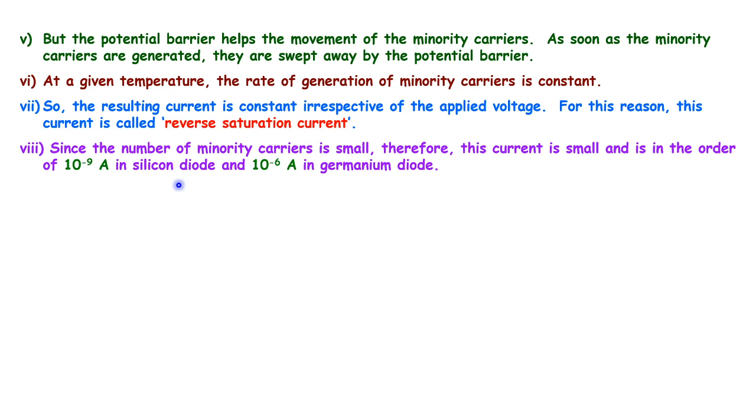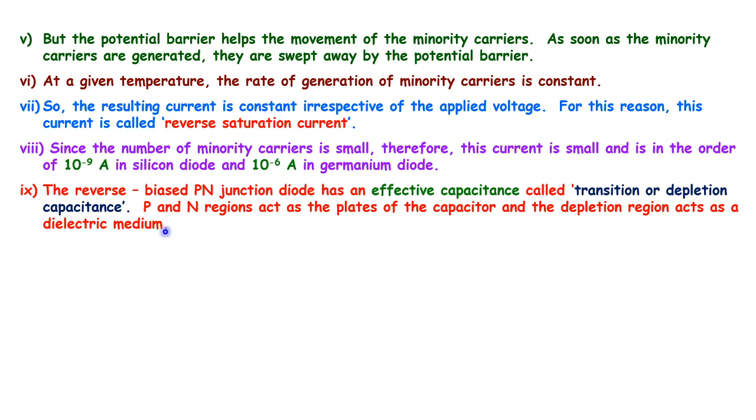Since the number of minority charge carriers is very small, the current is small, on the order of 10 raised to minus 9 for a silicon diode and 10 raised to minus 6 for a germanium diode, that is microampere or nanoampere.